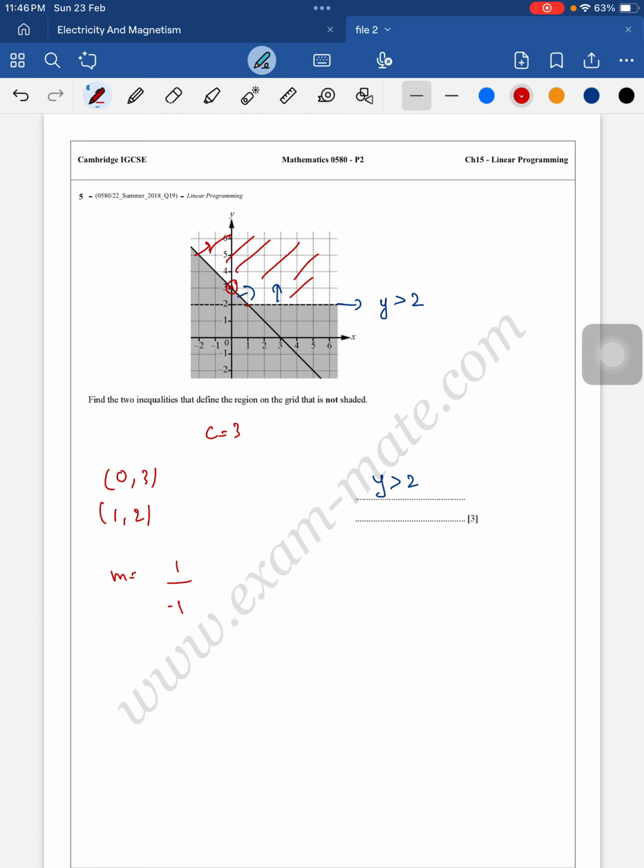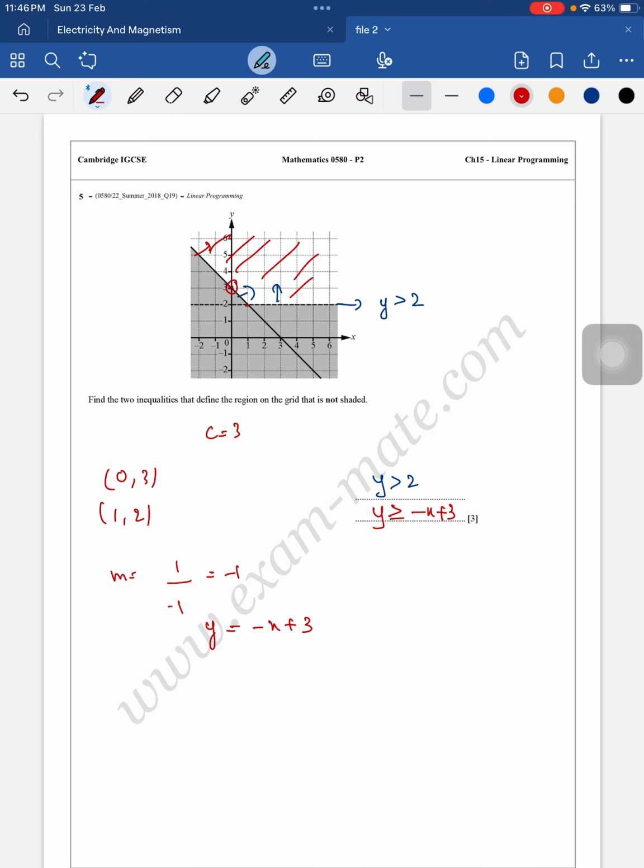So gradient is minus 1. So y is equals to minus x plus 3. So since the region which is not shaded is above, y is greater than or equals to minus x plus 3. I hope that's clear.